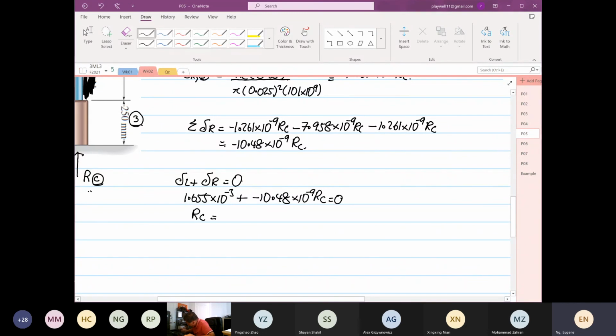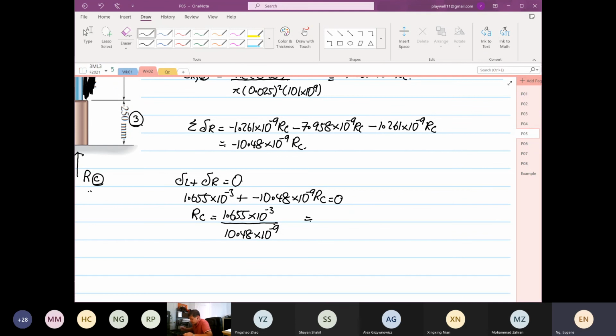Therefore, the reaction at C is equal to 1.655 times 10 to the power minus 3 divided by 10.48 times 10 to the power minus 9.